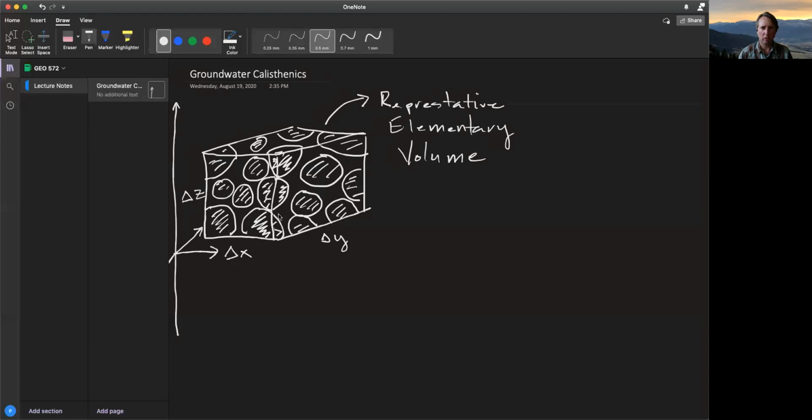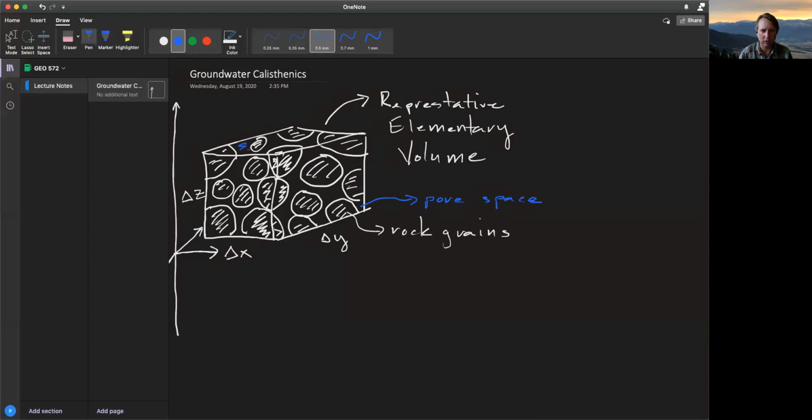All right, so let's talk about or recall some of the properties of our porous media. Well, remember that we're going to consider a porous media that has grains. So these are our rock grains, or sediment. And then we have pore space, and that's just the space in between the grains.